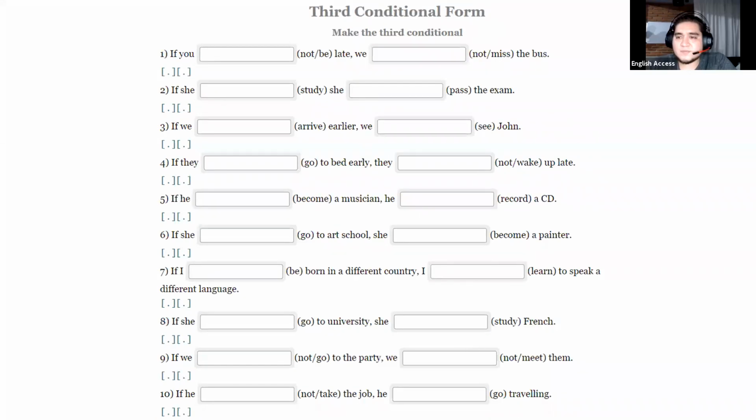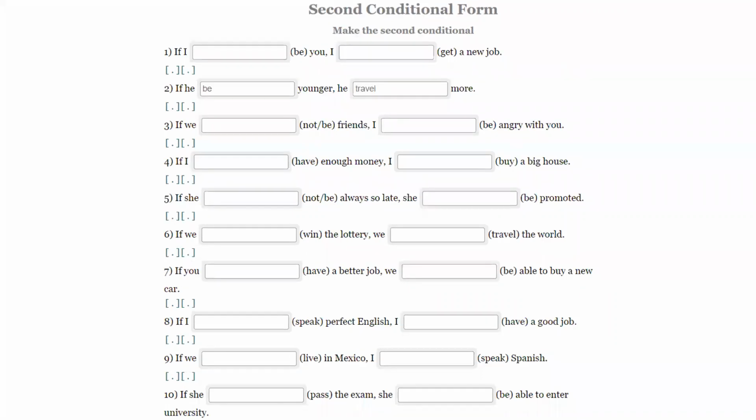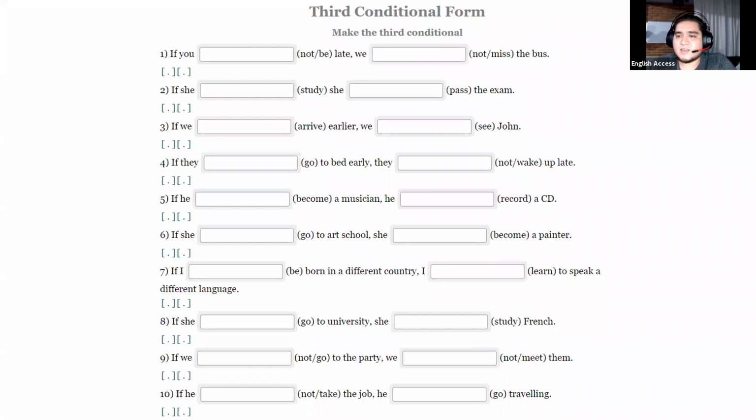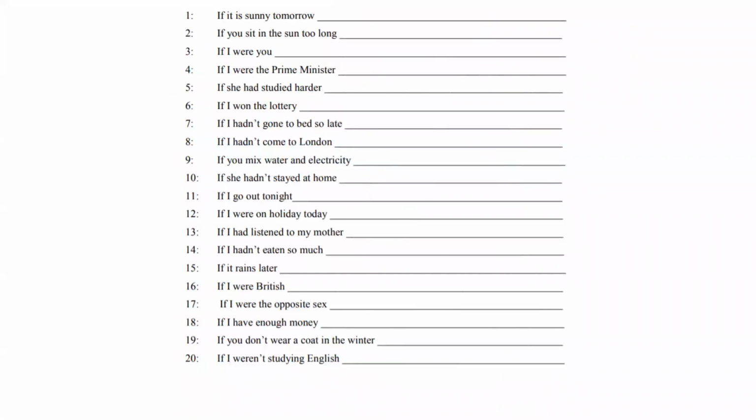Third conditional. No, sorry. Yes or no? Yes, I have it. Thank you. Okay, good. Third conditional again. Yes. Good. Ready. And now this is, well, a bit of each.